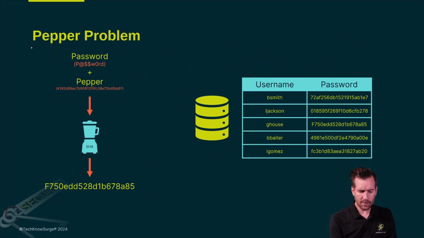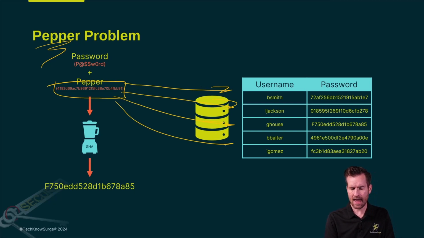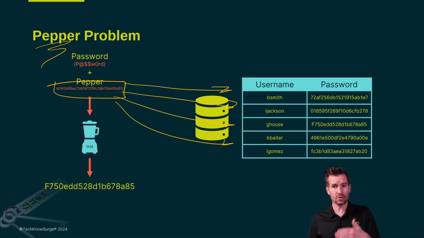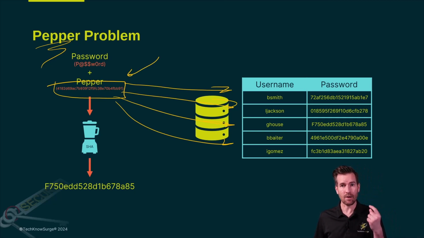There are a couple of problems with pepper though. Number one, storing this in a separate location for each one of your users could have a compute problem. It could slow down this whole process of authentication and take up a lot of resources. So what we can often do to combat that is have just one pepper and store it inside the code or somewhere else.